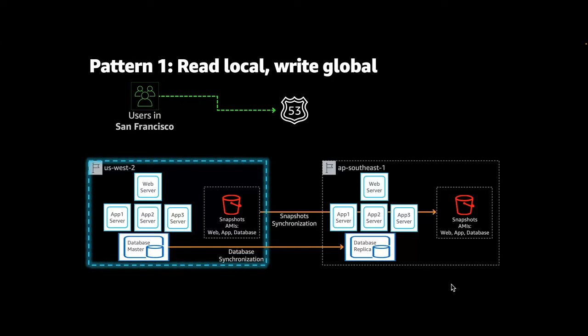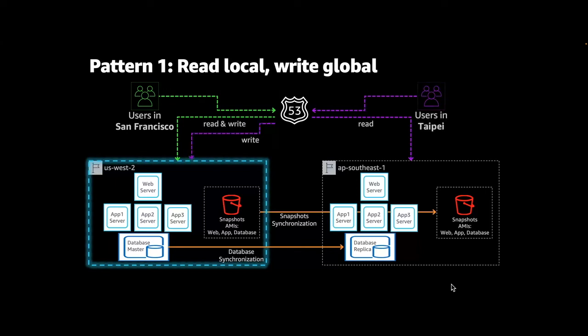So let's say users in San Francisco are doing reads, and they are redirected to do reads in US West by Route 53, and for users in Taipei, all the reads are redirected to Asia Pacific Southeast 1. But all the writes will be done only in US West.